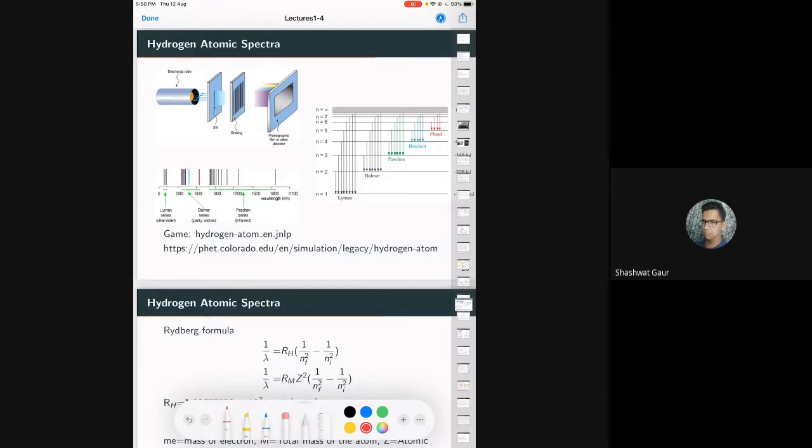Okay. So here you have a discharge tube which is generating a whole range of light from the hydrogen atom. So this is basically the emission spectrum setup. I'm sorry, I said absorption spectrum. So this is a setup for an emission spectrum.